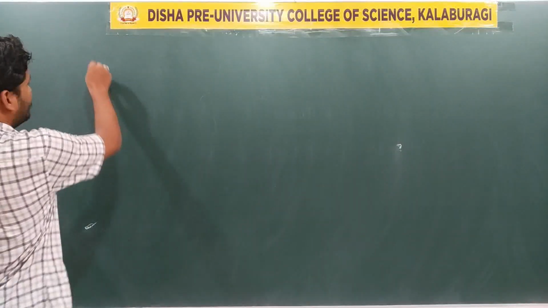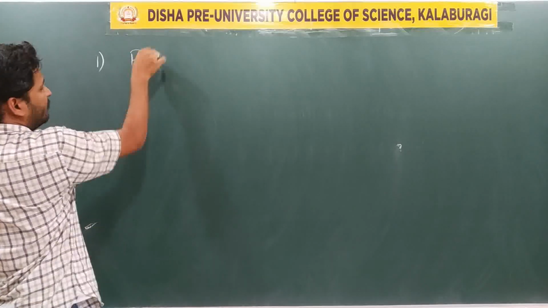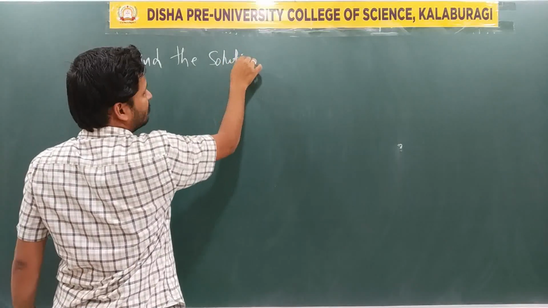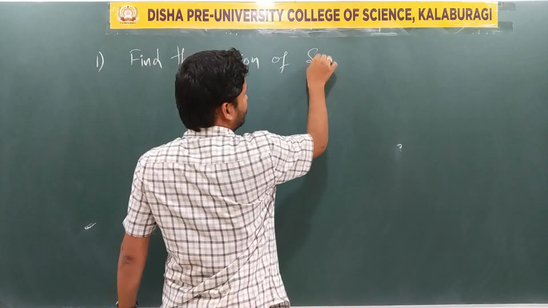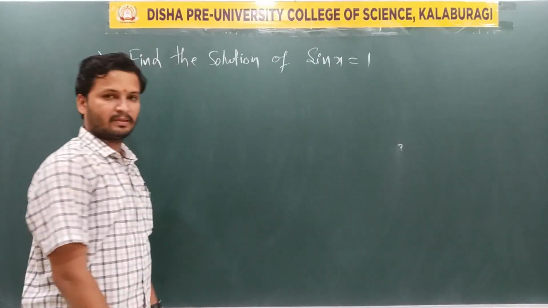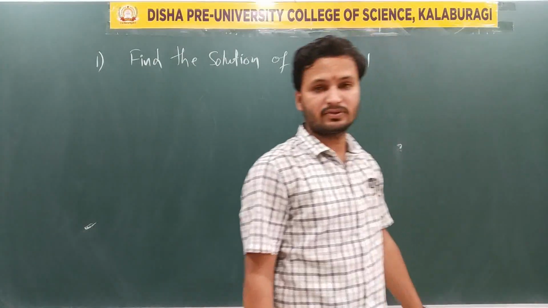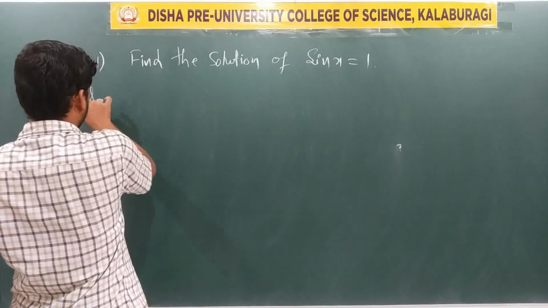Find the general solution, or find the solution, both are the same, of the trigonometric equation sin x is equal to 1. Solution: given equation sin x is equal to 1.